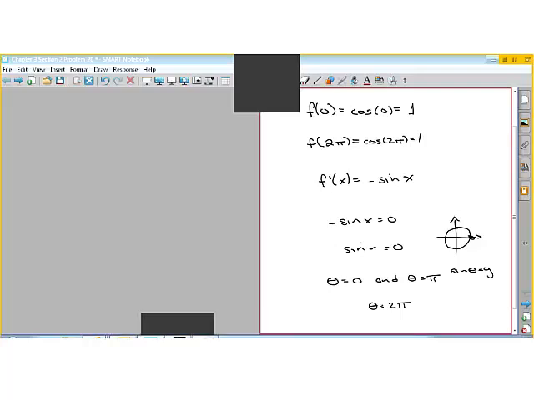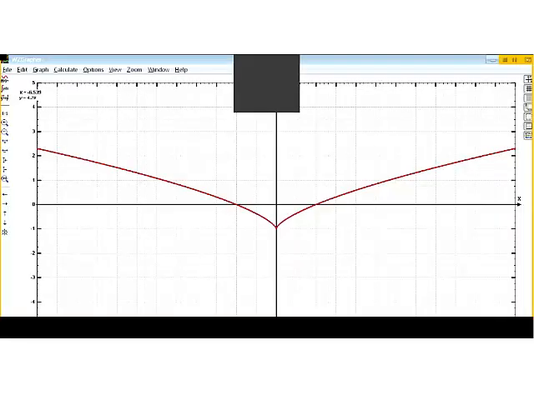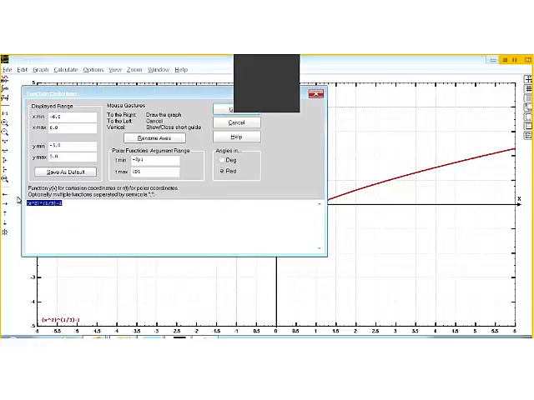And so let's just plot that. So let me switch over here to the graphing program. So the function was the cosine of x, if I remember correctly, yes.